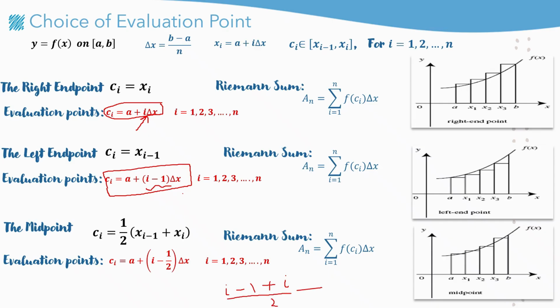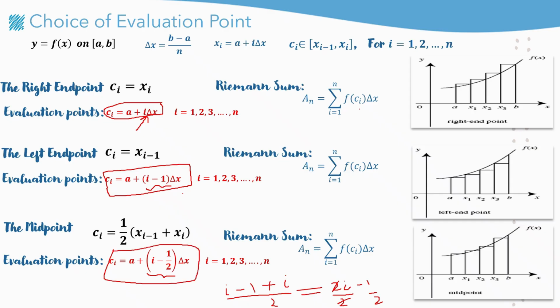So you get 2i minus 1 over 2. The common denominator, I am splitting it for both the terms. You can cancel 2 and 2 and you are left with i minus half, and that's how your evaluation point, your midpoint, is a plus i minus half delta x.